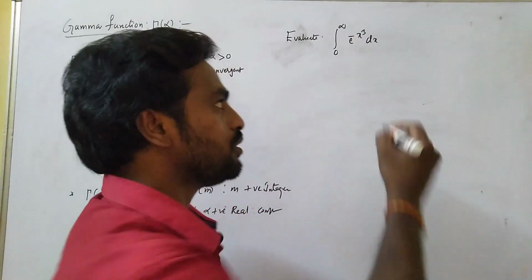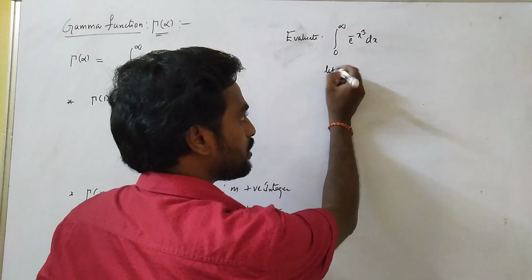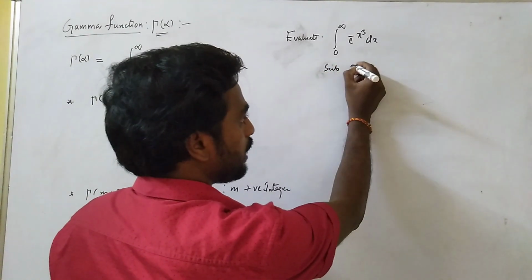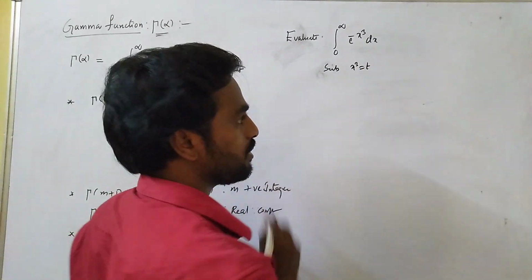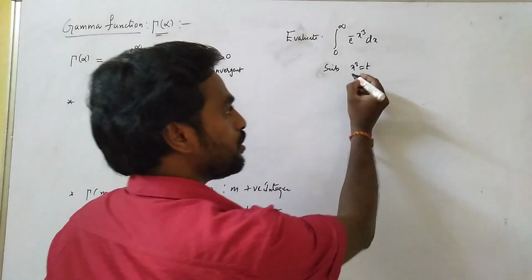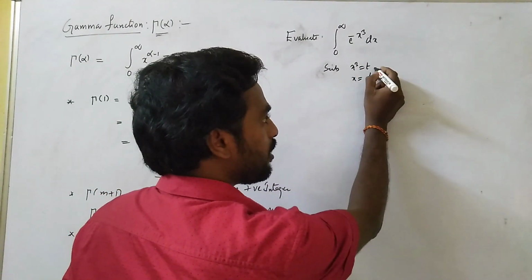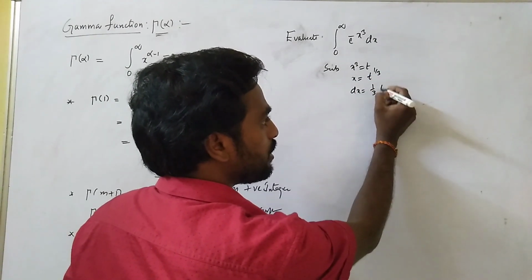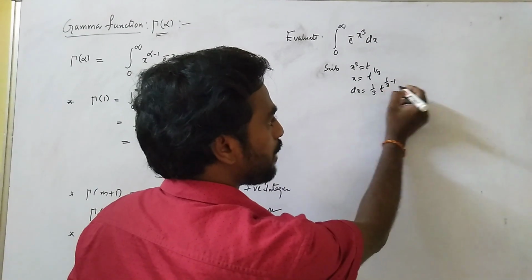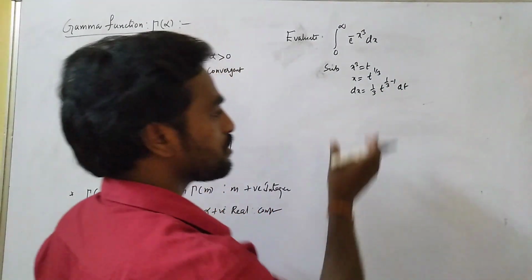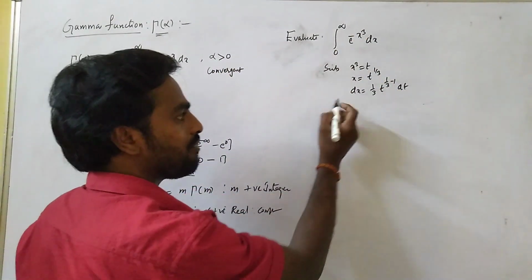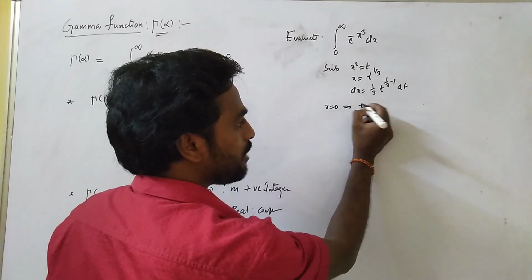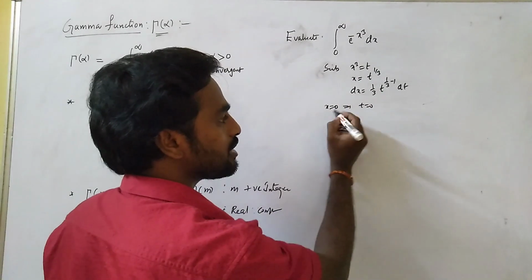So for that we should substitute x cubed equal to t, where t is a new variable. So x equals t to the power of 1/3, so dx equals 1/3 into t to the power of 1/3 minus 1 dt. Substitute these values in the given integral. When x equals 0, we get t equals 0, since 0 cubed is always 0.